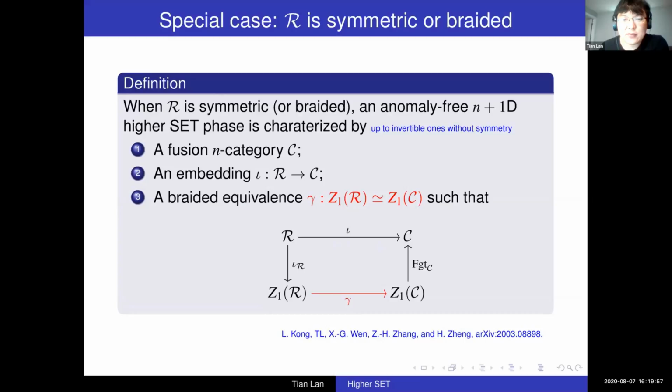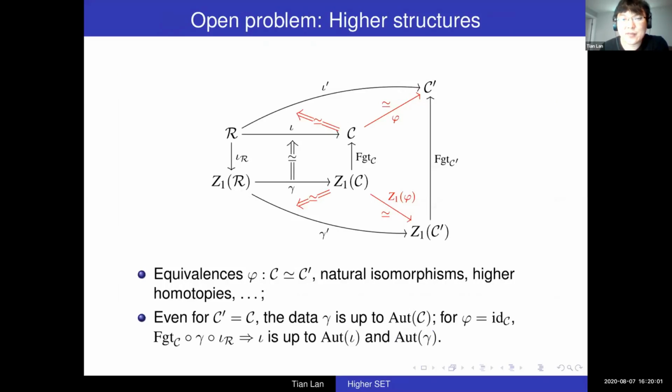Okay, so that's basically the definition, and I spend a slide to briefly discuss the higher structures. It can be very complicated, and I just illustrate the first level. If you have an equivalent SET, I use this C prime.